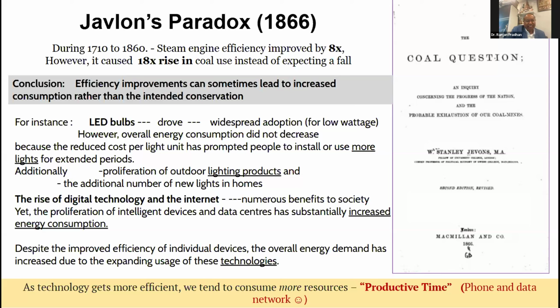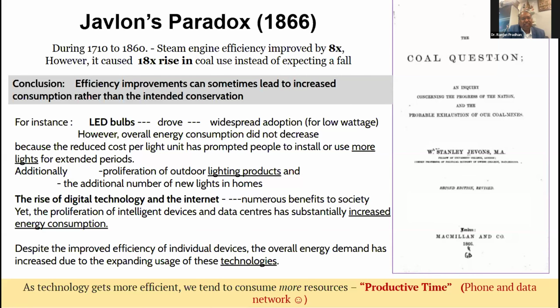So we can say, as technology gets more efficient, we tend to consume more resources, and that's the paradox exactly. And we can demonstrate this ourselves also. You can judge for yourselves the productive time we have with the highly efficient mobile phones and data networks that we have. So judge for yourself.